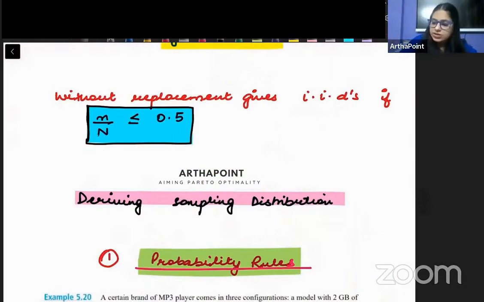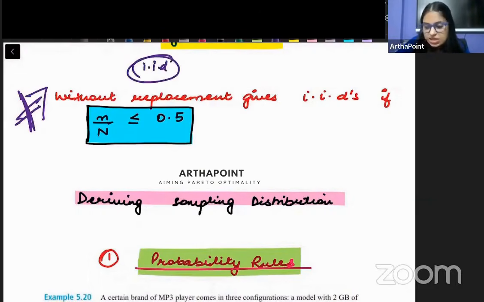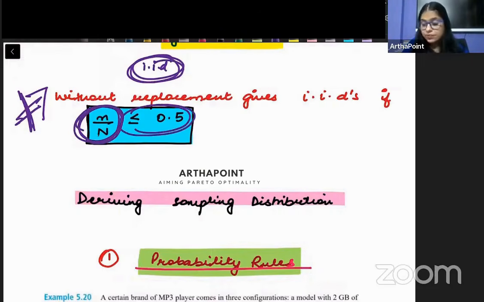But this is important. It is very nicely written in the book that I can still create an IID if the sample size to population size ratio is less than or equal to 0.5 and I have without replacement.